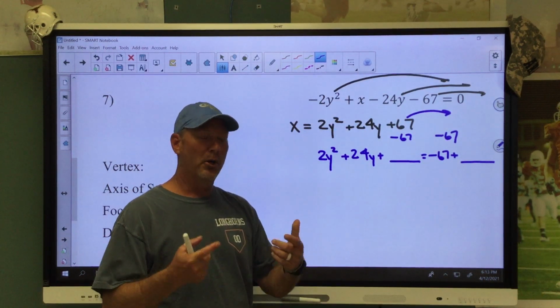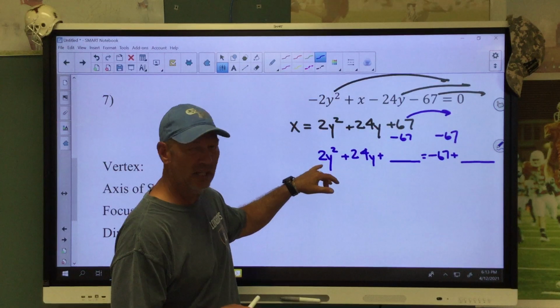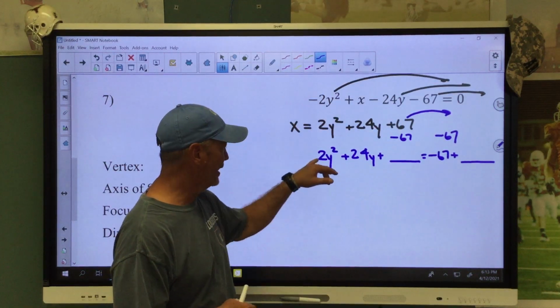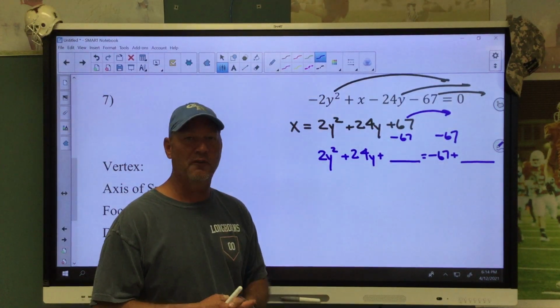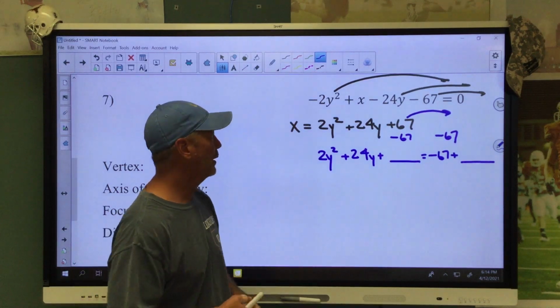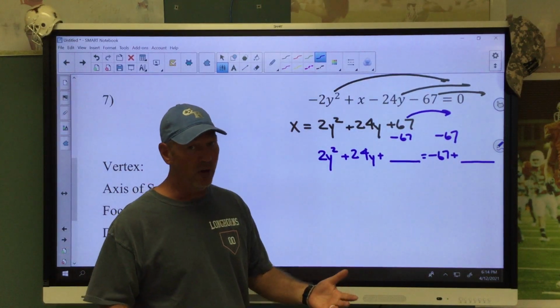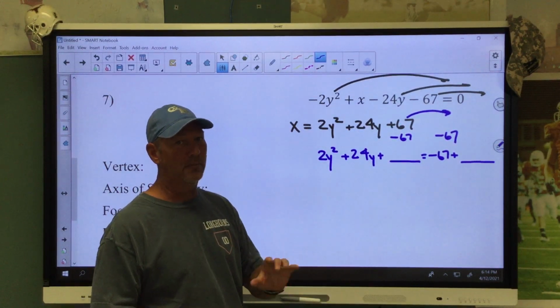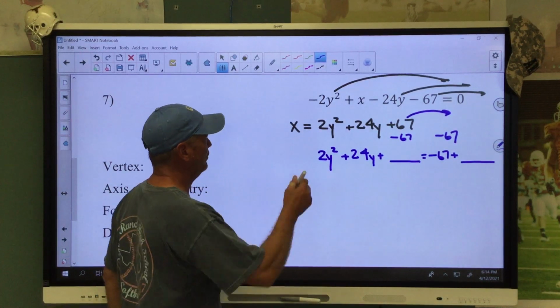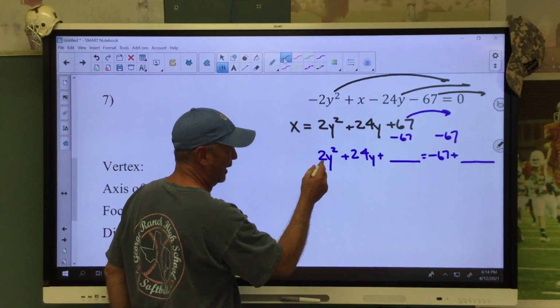But on this problem, we have a leading coefficient that's not 1. We have that 2. And we're going to ask you to factor out that 2. We did this in the fall, so this should be just a refresher, but I know it's been a long time. I'm going to ask you to factor out the 2.